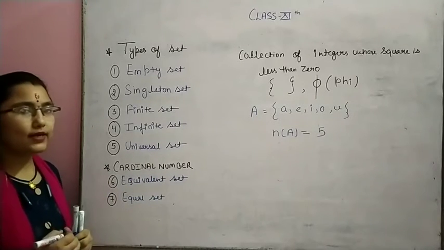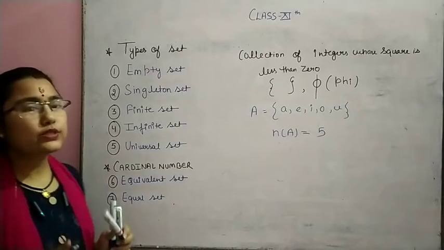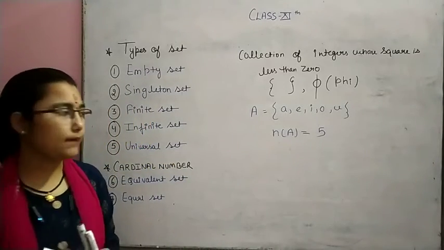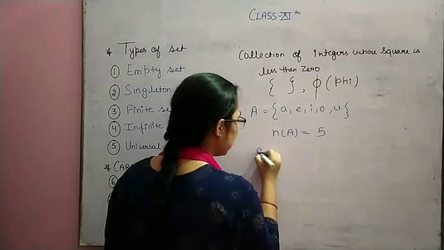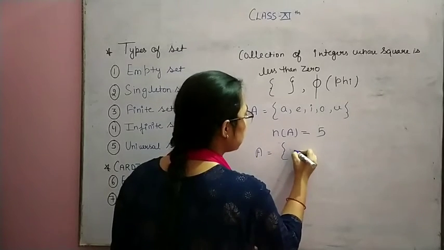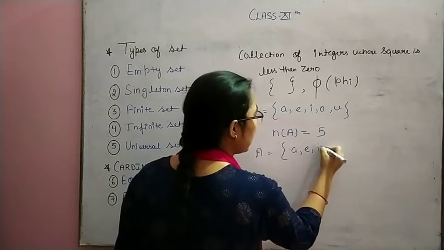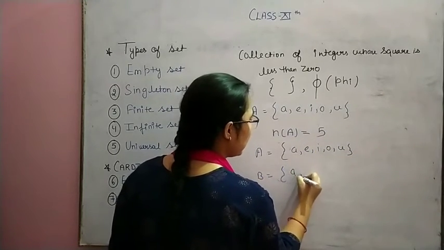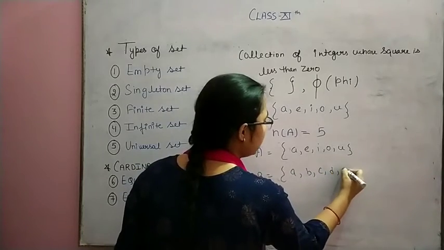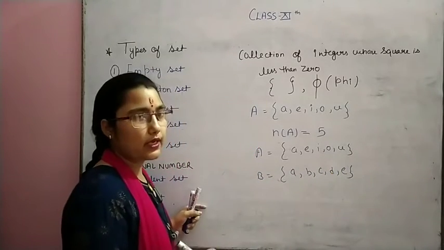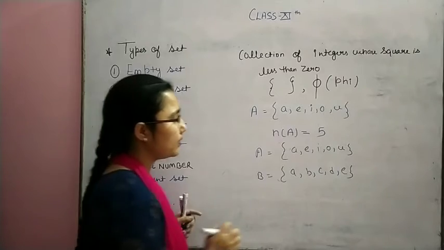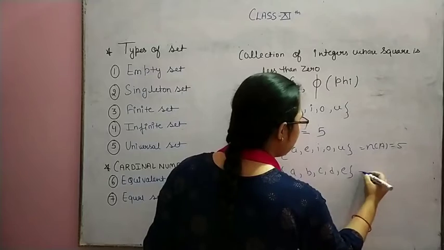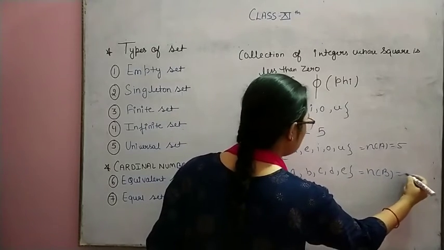Now come to the equivalent set. Two sets are equivalent if their cardinal numbers are the same. Suppose A is the set A, E, I, O, U and B is the set A, B, C, D and E. Both contain 5 elements. n(A) equals 5 and n(B) is also equal to 5.